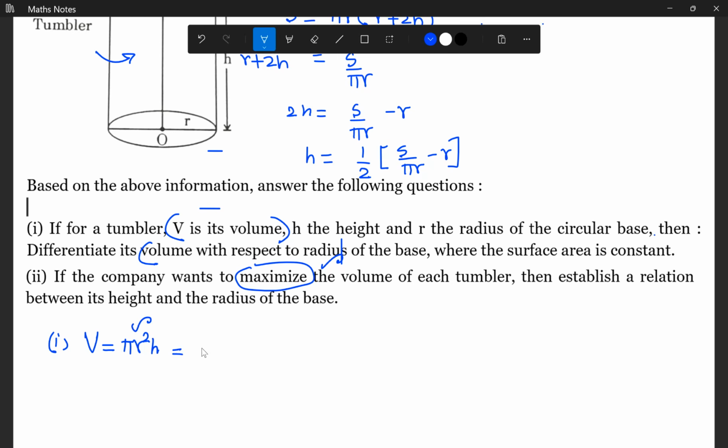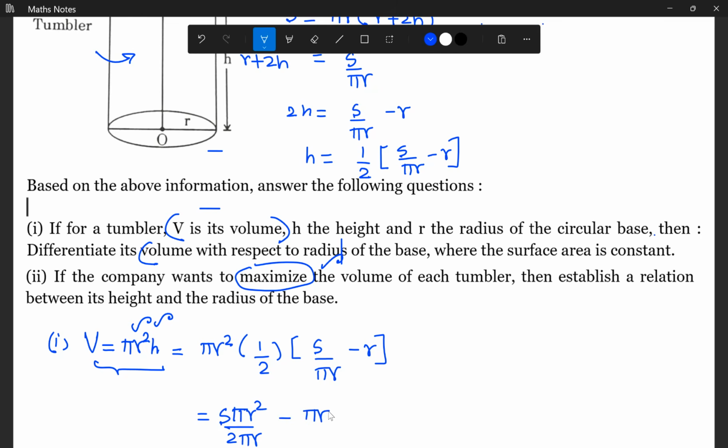The first question says volume is V, then V is equal to pi r square h. Retain the radius, because we need to differentiate volume with respect to the radius. So pi r square, it is initially a two variable function which we are converting to just one variable function. V is equal to pi r square h, and in place of h we have 1 divided by 2 times S divided by pi r minus r. So take this pi r square inside, it becomes S pi r square by 2 pi r minus pi r cube divided by 2.